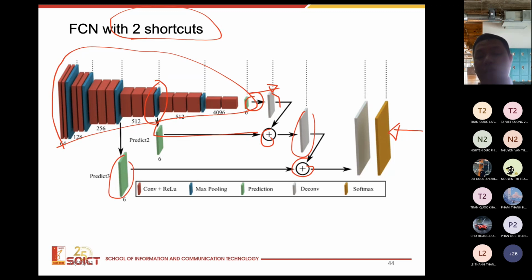That way you can use the summary for the prediction, right? Okay, so this is max pooling, this is the prediction, and this is a deconvolution, the transpose convolution layer that I showed you in the beginning of the lesson, right?